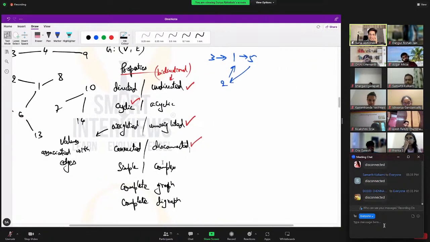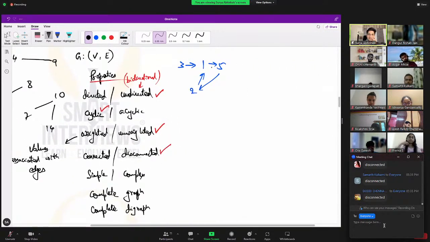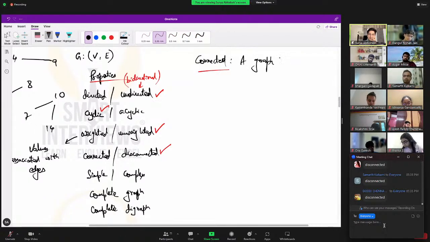Let us understand that. A connected graph is basically an undirected graph, or a graph basically, doesn't matter.